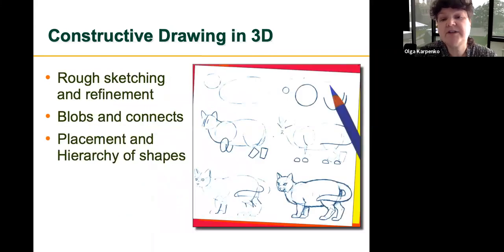So there are several ideas that we'll be using from the book in the system. We want to use rough sketching and refinement. We want to use those basic shapes. Here they were two-dimensional, but for us they'll be blobs, three-dimensional. We want to use those connecting strokes as well that the user can sketch. And again, we'll arrange the shape in a hierarchy, and we should be able to place different blobs in relation to other blobs.